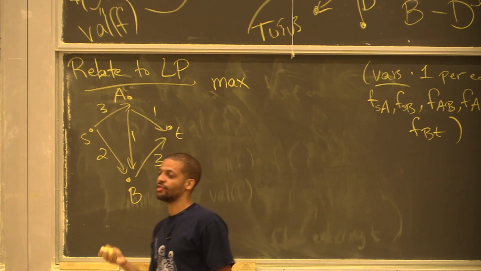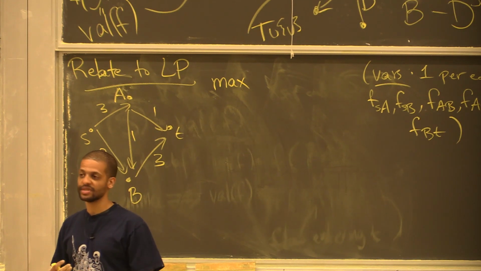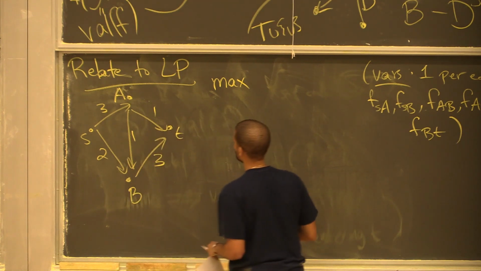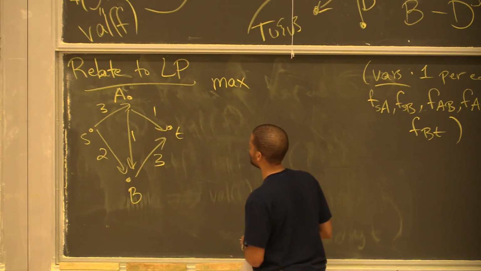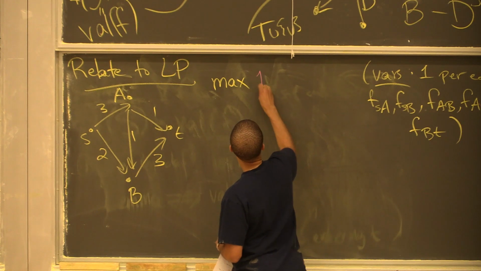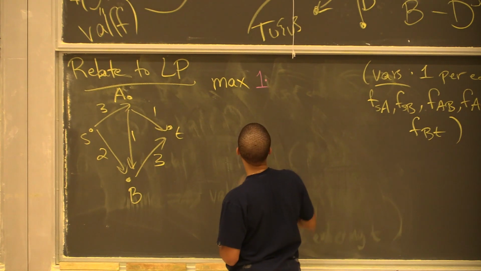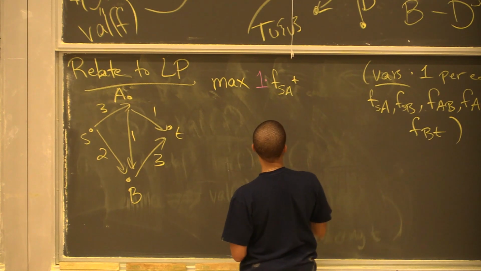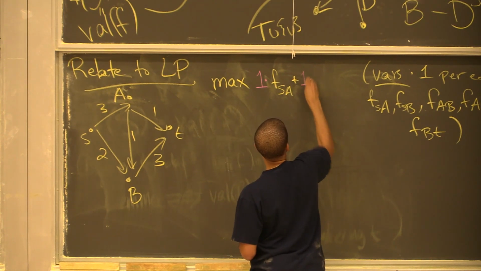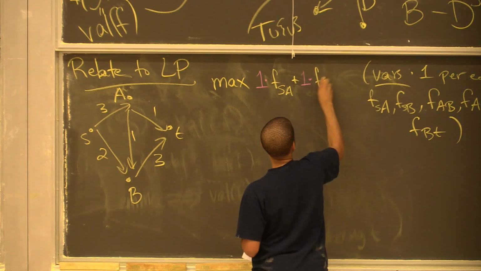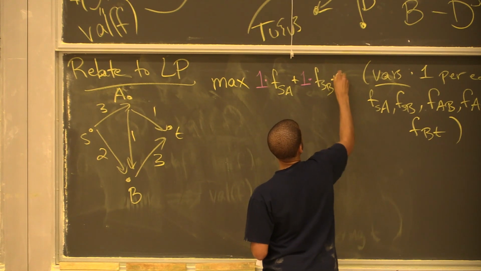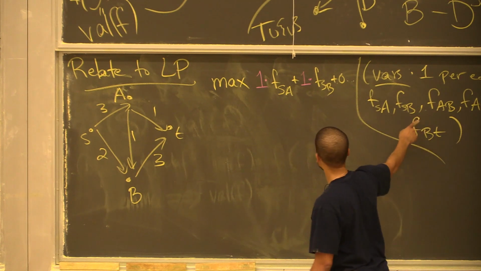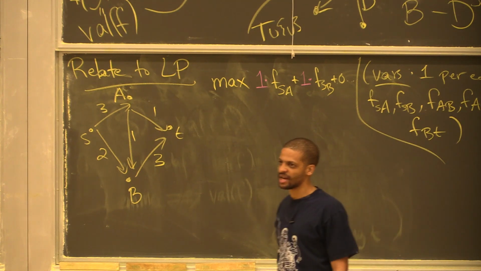So my vector C, remember I'm trying to maximize C transpose X, has dimension 5. It's going to look like max of 1 times FSA plus 1 times FSB plus, and then the rest are zeros: 0 times FAB, 0 times FAT, and 0 times FBT.